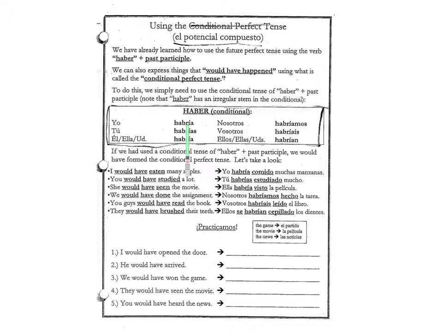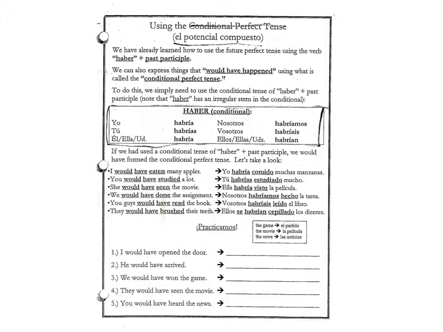Habría. Guys, it's really important to know that this R separates this from the past perfect, pluscuamperfecto. Okay? Habría is would have happened. If you say había without the R, that's had happened. So it's really important that you make sure that you spell these correctly.